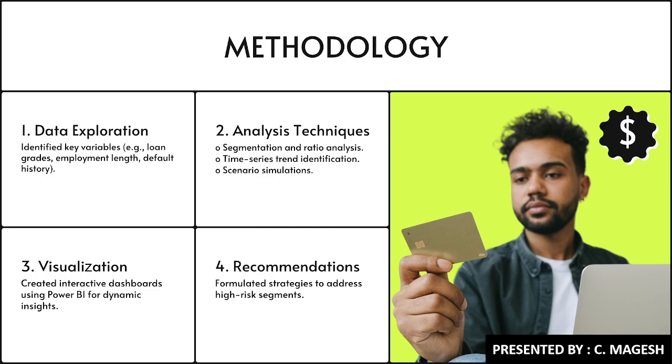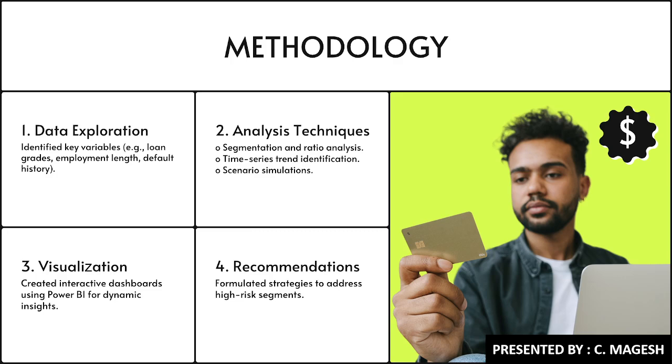Now that we understand the objective, let's move on to the methodology. Here's a brief overview of the methodology I followed. I've listed it down here. For data exploration, I began by understanding key variables like loan grades, employment length, and loan intent. The second is analysis technique.